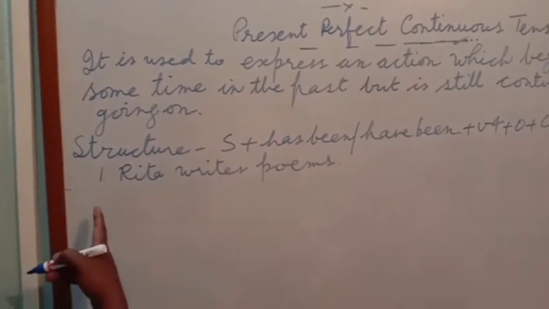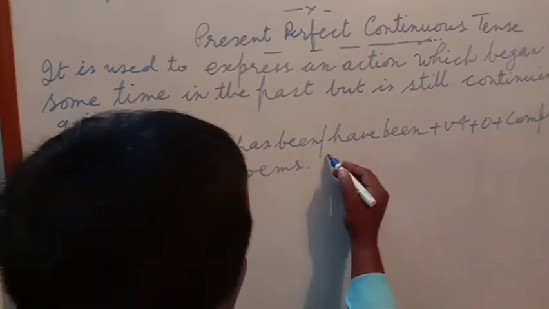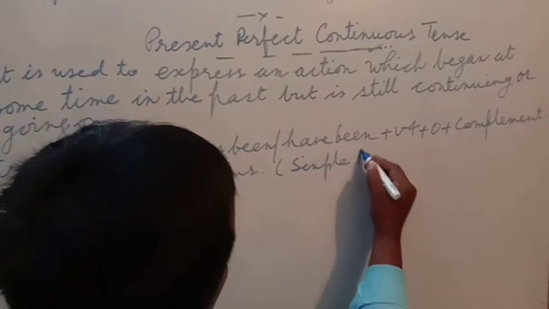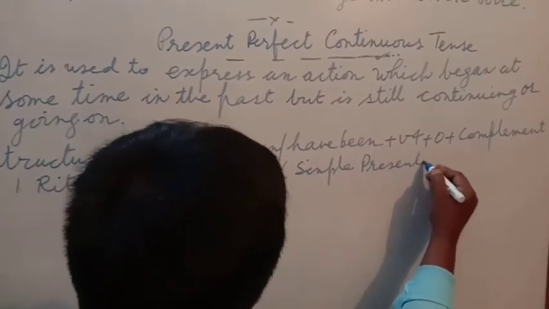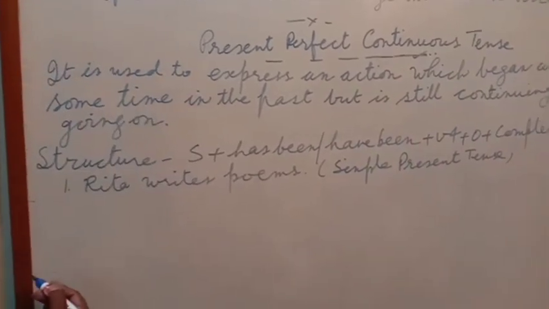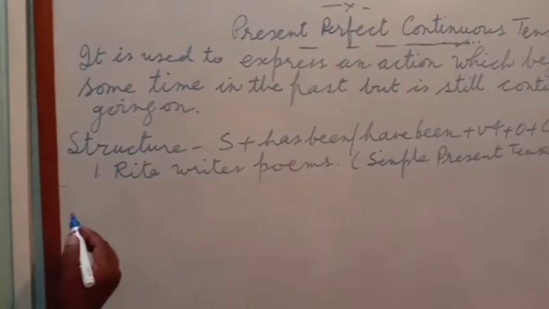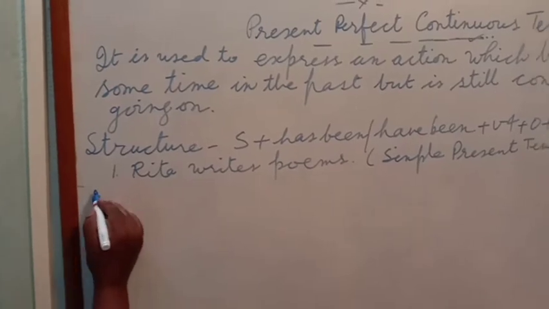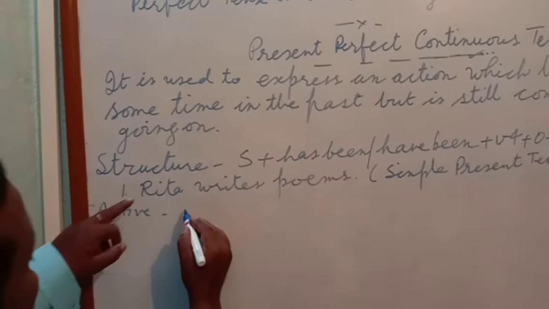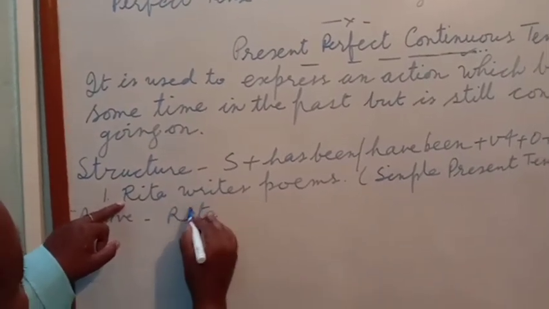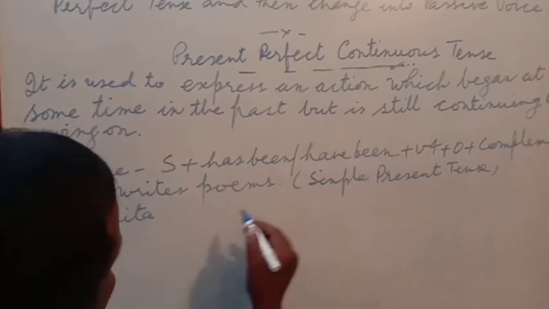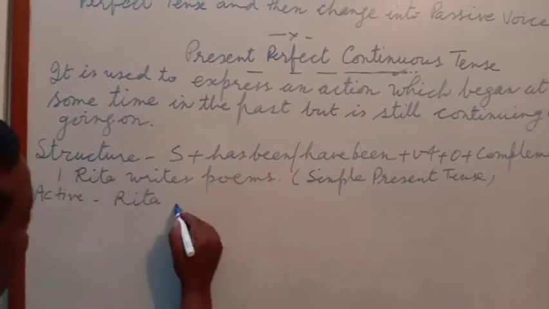Now change it, this is simple present tense. Change it at first into present perfect continuous tense. It means active voice. Rita, third person singular number, two options, has been or have been. What will be here? Has been.